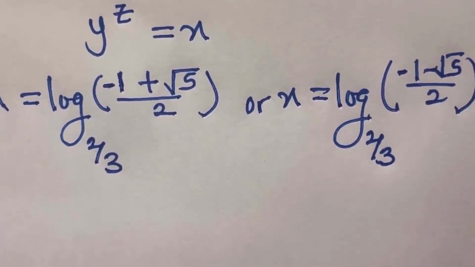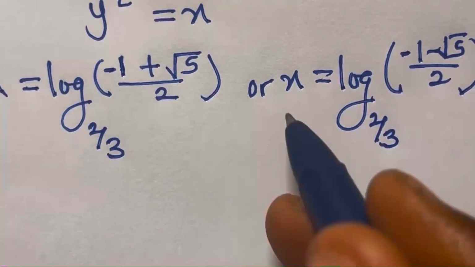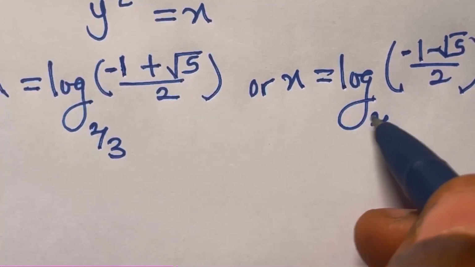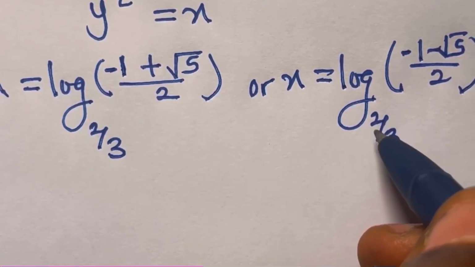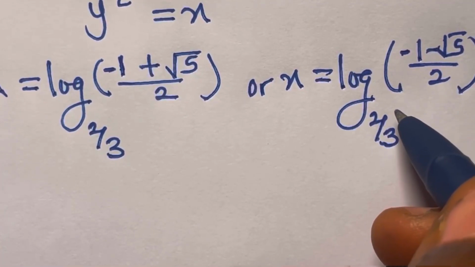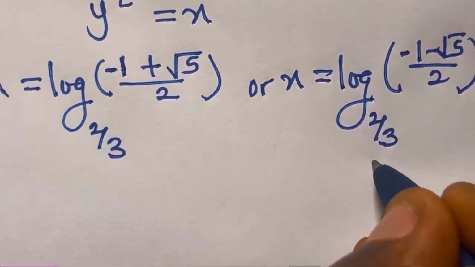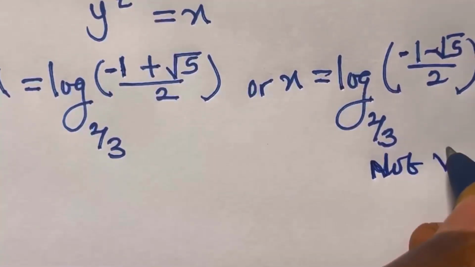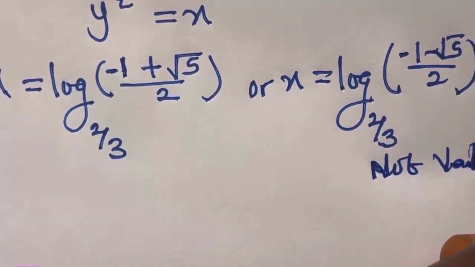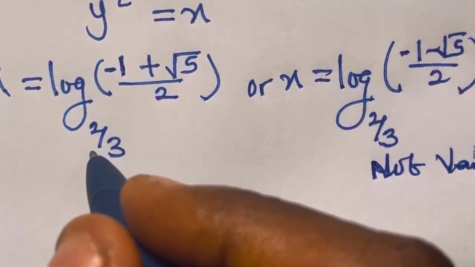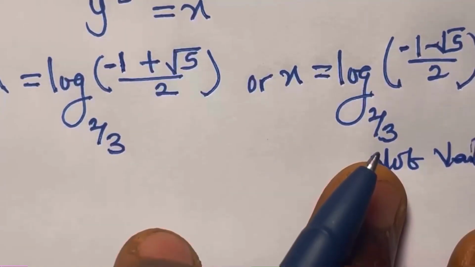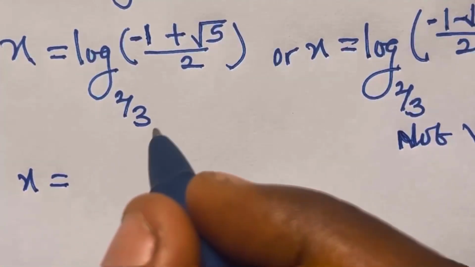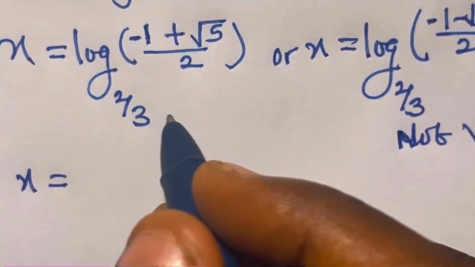But we have to note something here. Looking at this, you know that this x is not valid, because this will be a negative value, right? So this is not valid. So that means we have to move on with this one. So we have x equals log of minus 1 plus square root of 5 divided by 2.